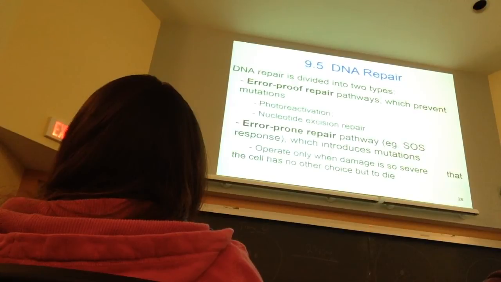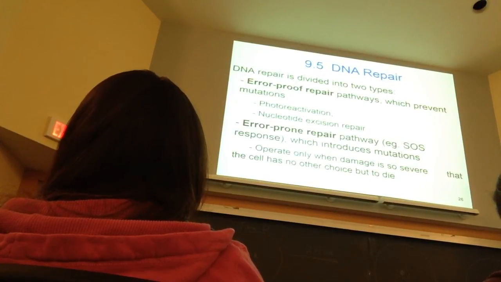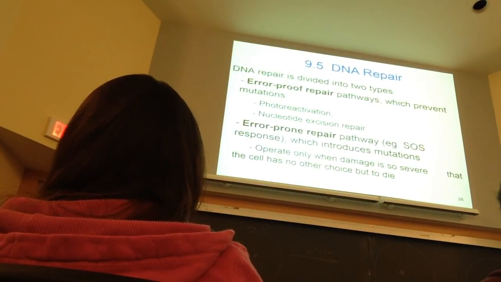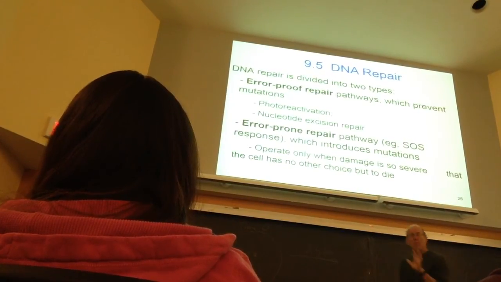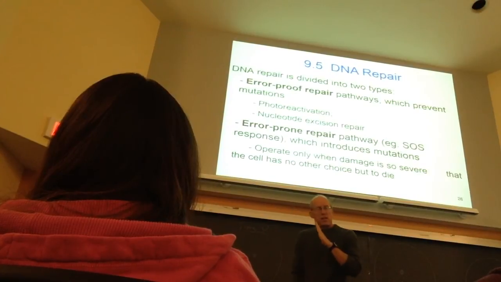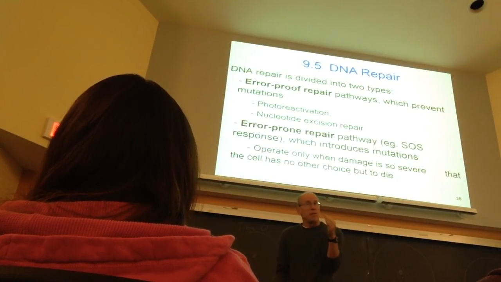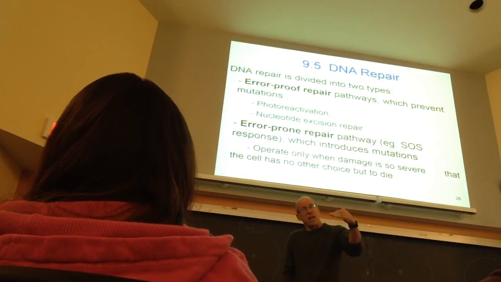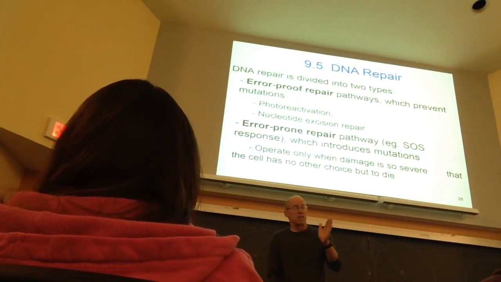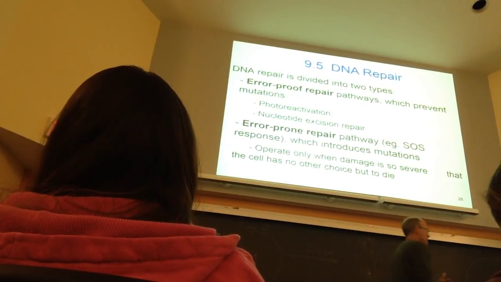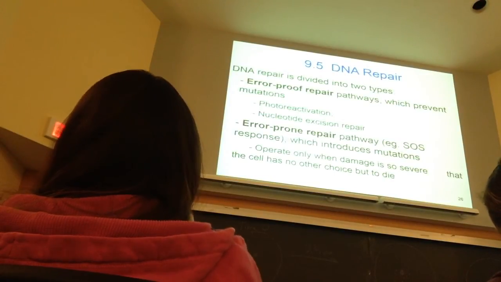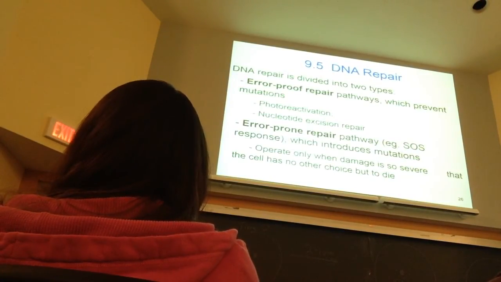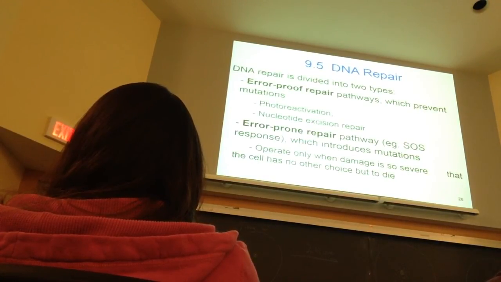So our bacteria have error-proof repair pathways, which we have looked at: DNA polymerase III, which sees a mistake it makes, which would be a mutation, excises that base and inserts the correct base in its proofreading capability. So that's referring to nucleotide excision repair. There's also a photoreactivation repair pathway that we're not going to talk about.